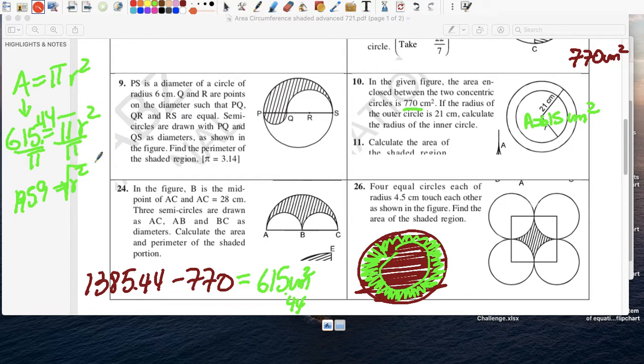Take the square root of that. The square root of 195.9 equals 13.99, which we're going to round to 14. So the radius of the small circle is 14. Ta-da!